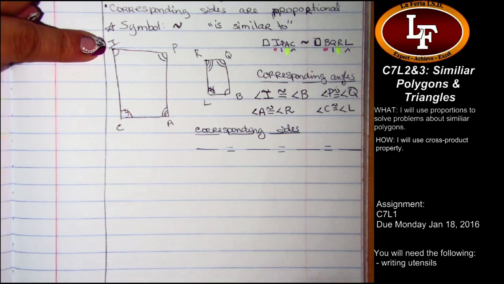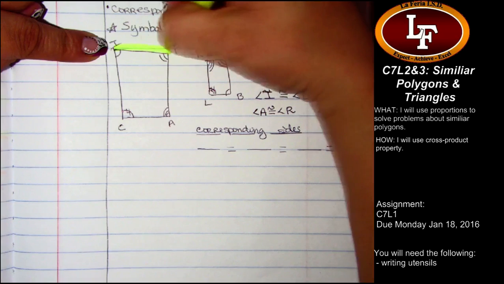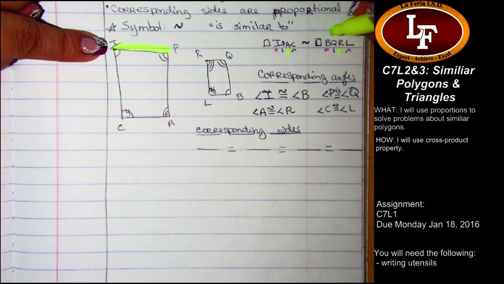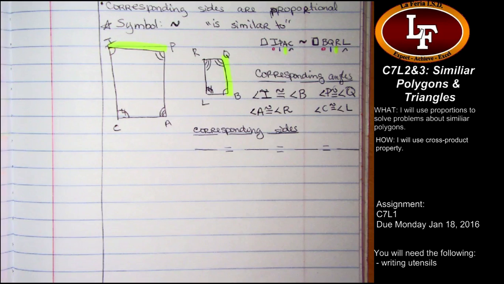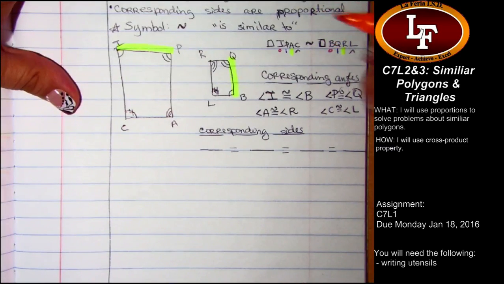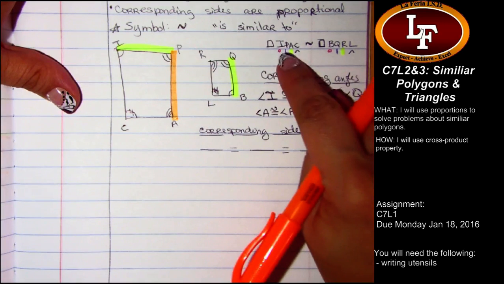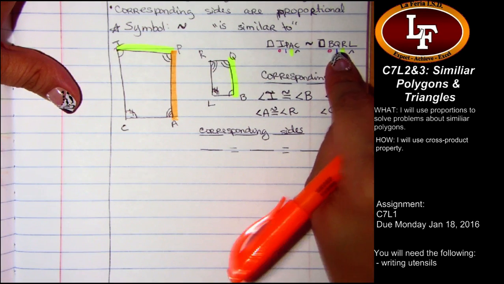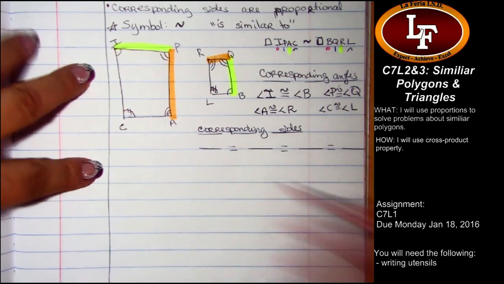Looking at the figure on the left, the first letter in its name is an I, the next letter is P. So this side IP is going to correspond to the first and second letters of the name of the other figure, BQ. Those sides correspond. You can even look at the angles to see how many little congruent marks are there, and that can also help you see which sides are congruent. The next one is going to be P and A, the next 2 letters in the name of the first figure. And so the next 2 letters of the name of the second figure are Q and R. So on and so forth.